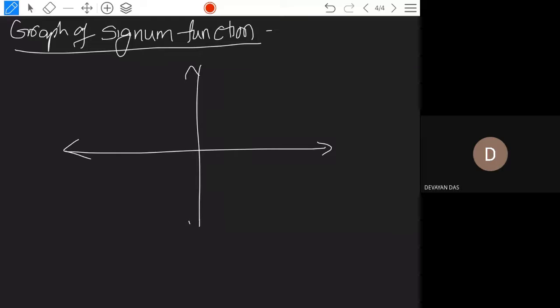For the 0 it is 0, so here you need to mark one point, compulsorily, because for 0 it is 0. But for greater than 0, whatever you take, it is 1. So if you take the point 1, you need to draw a circle like this, and from here onwards you need to draw a straight line, because this is 1.